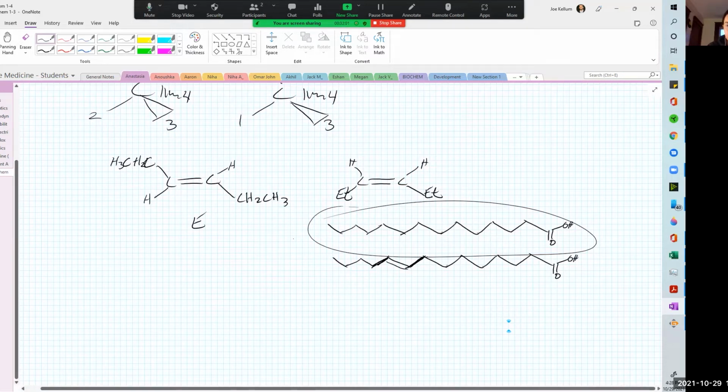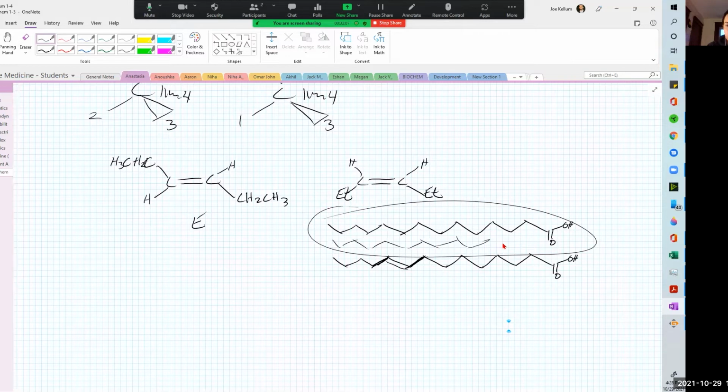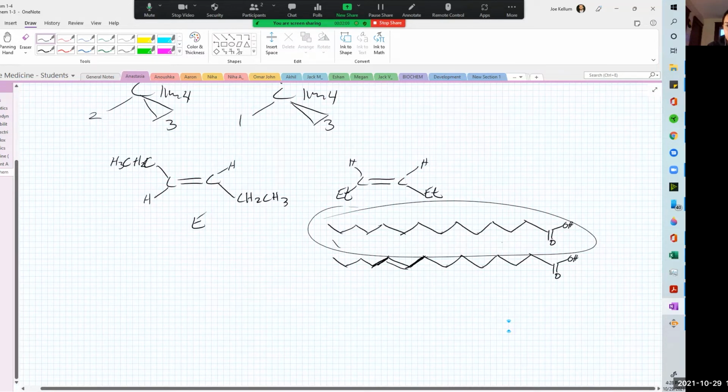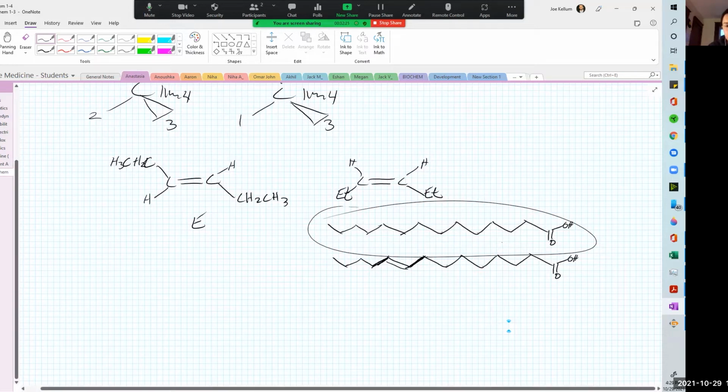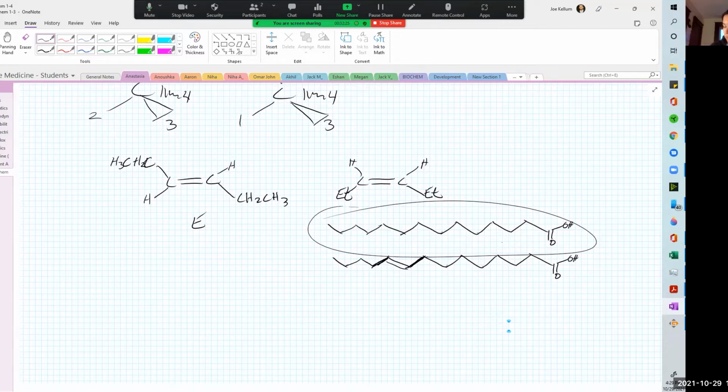So there's a lot of van der Waals interactions between the chains. Once you start throwing double bonds in, you mess that up, but it tends to mess it up way more if you have a cis double bond than a trans double bond. And so the cis versions of the molecule will tend to have a little bit lower melting points than the trans versions do.